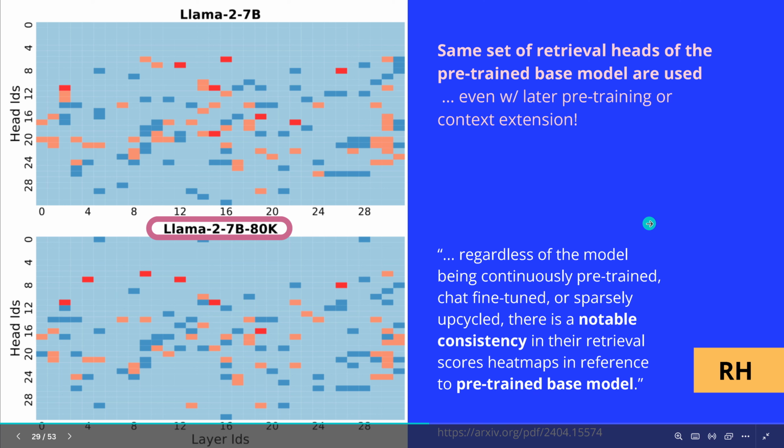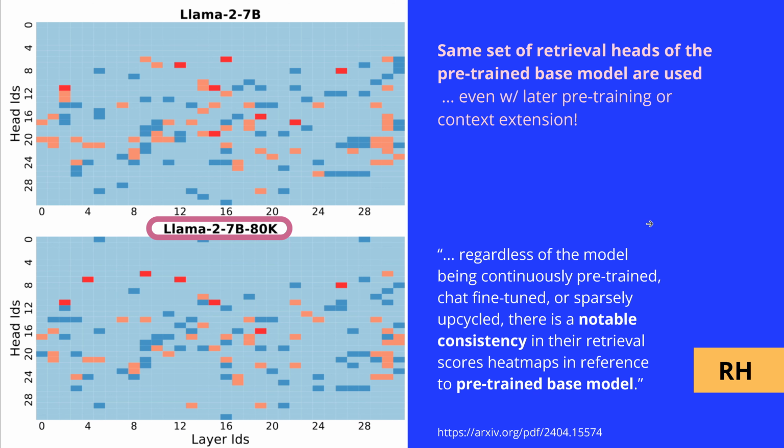So this now strongly indicates that those strong active retrieval attention heads are generated during the pre-training phase of our LLM training. Not if we continue to pre-train it, not if we fine-tune it, and not if we upcycle or augment it or extend it or whatever.